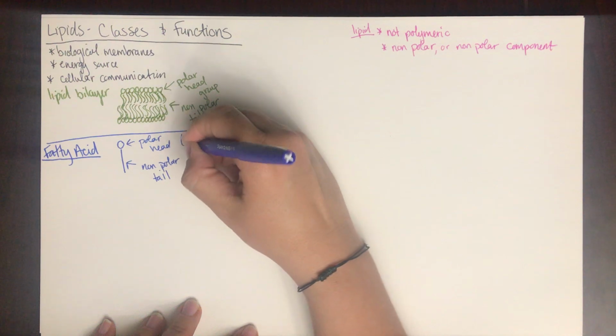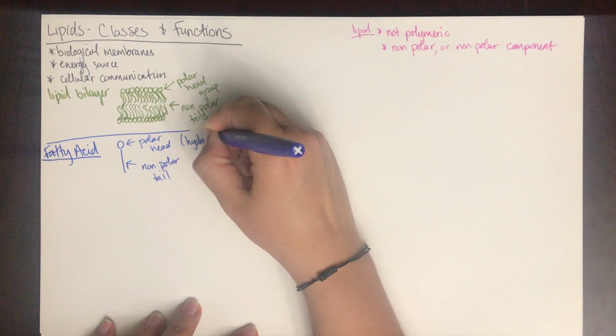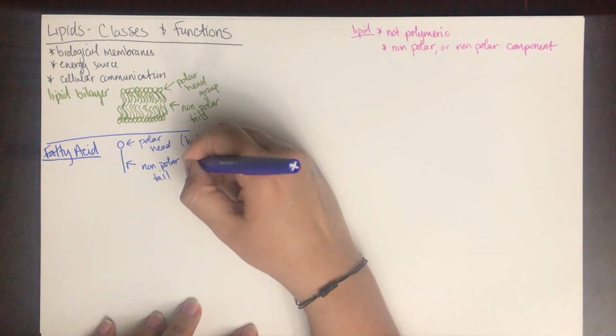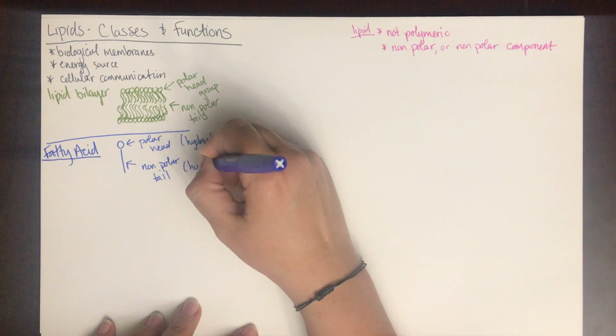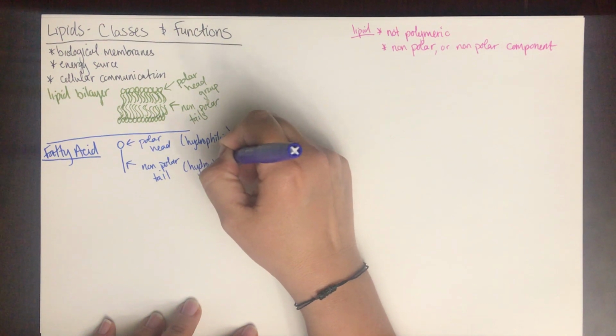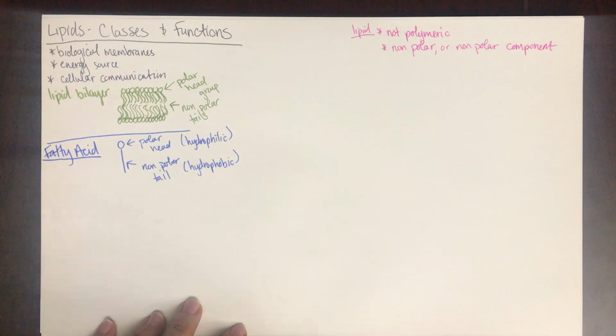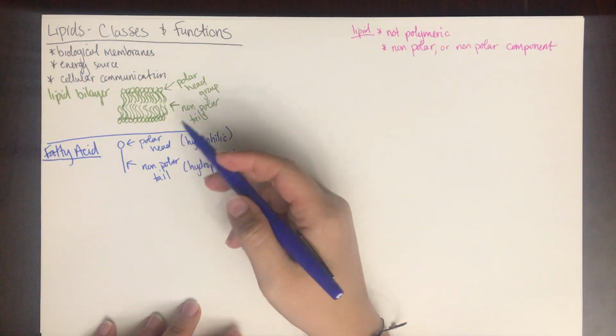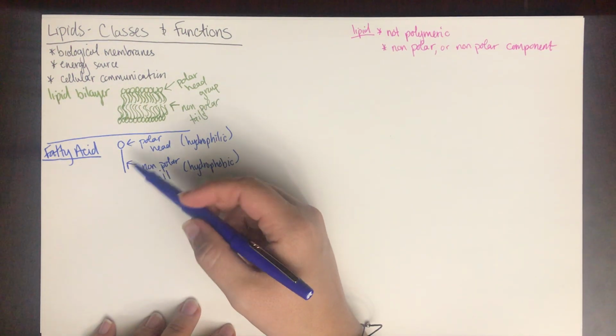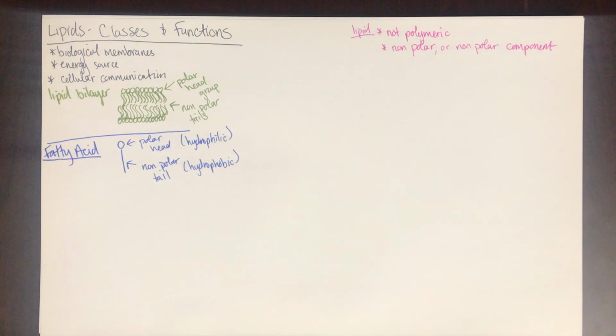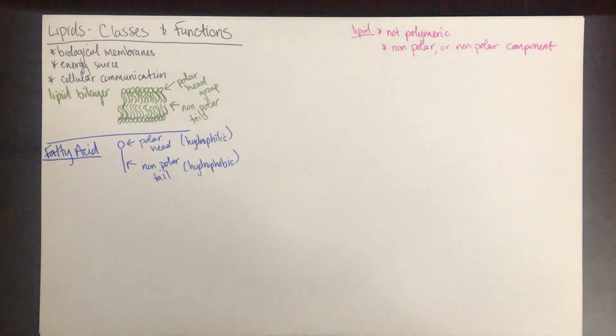So again, this would be hydrophilic. This would be hydrophobic. These can exist in various lengths. These tails are usually 14 to 16 carbons long, but they can vary, and we'll look at some of those.